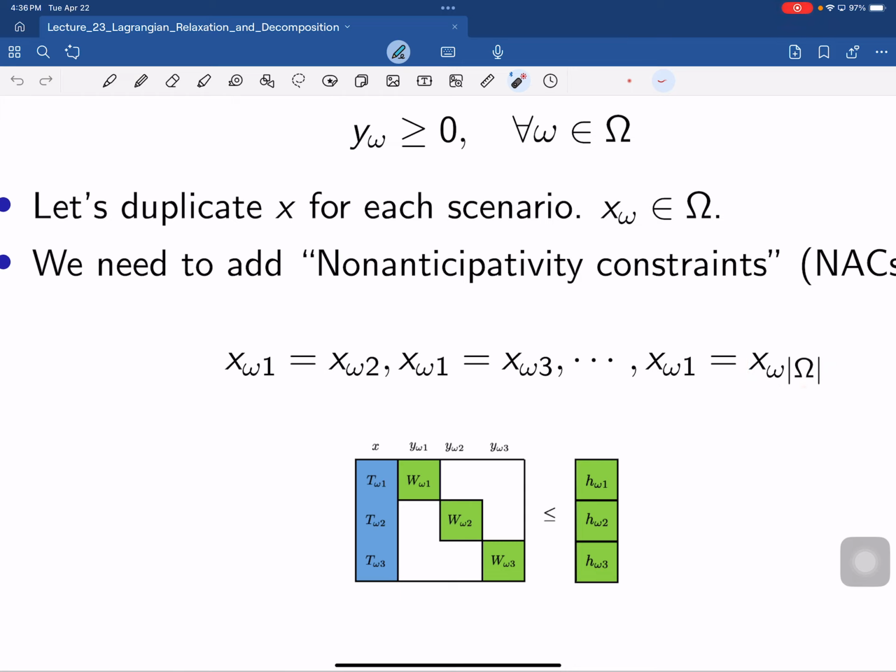If you add this set of constraints, saying that all the copies have to be equal to the copy you made for the first scenario, then basically all the copies are equal to each other. With that, you translate the original problem with complicating variables into a problem with complicating constraints.